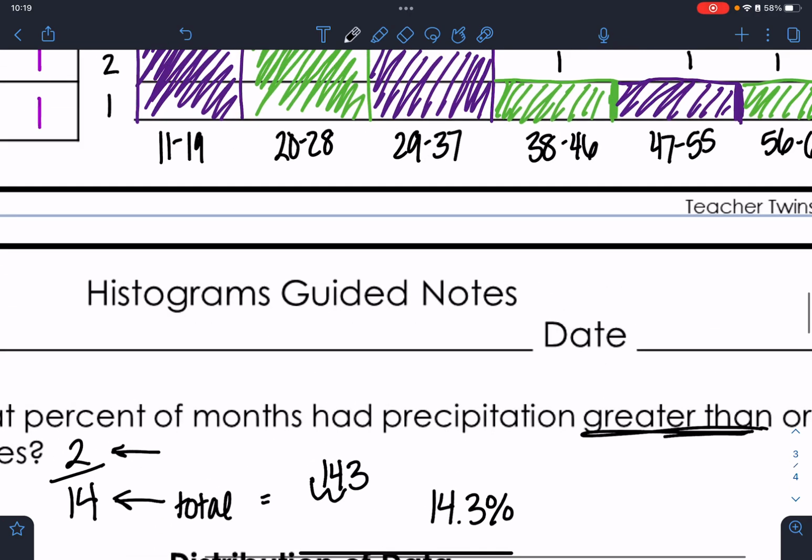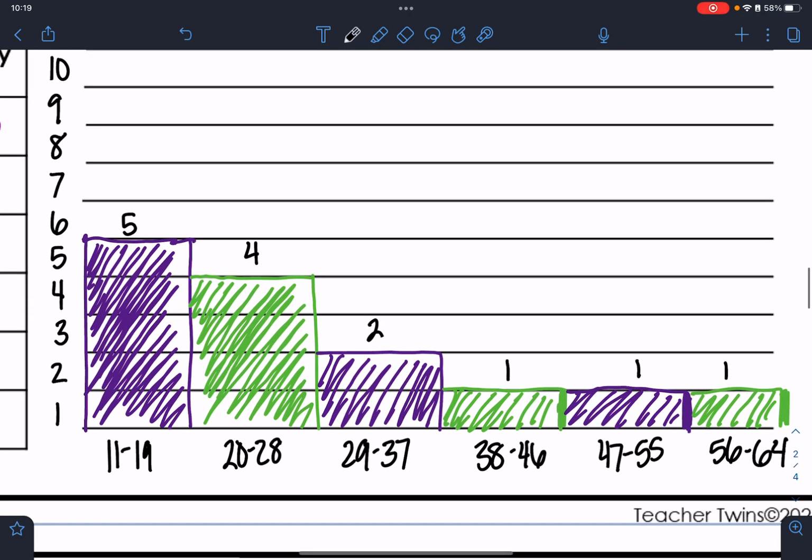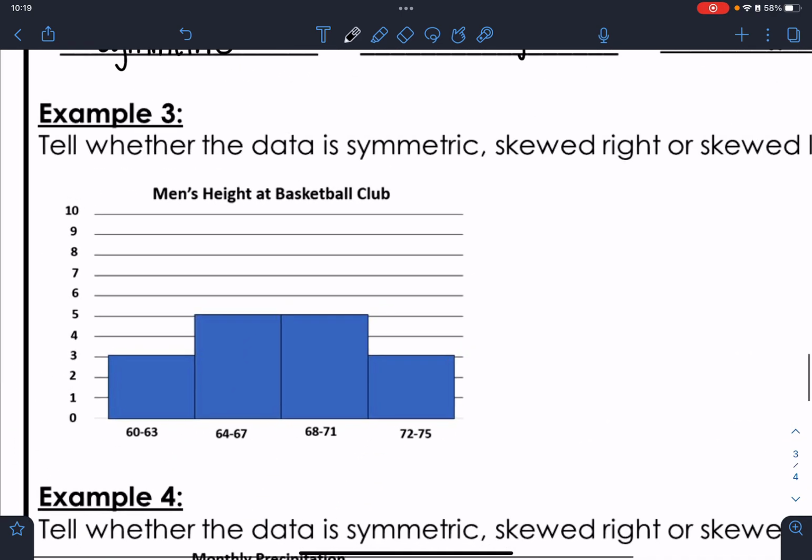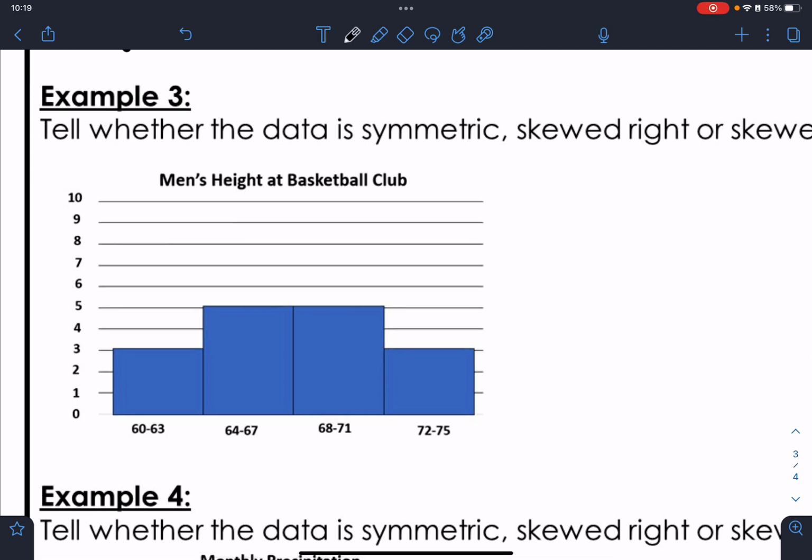So if we look back at what we did, this one would be skewed right. We have lower on the right-hand side and a lot of data here on the left-hand side. Okay? So for these last 2 examples for today, we just want to tell whether it is symmetric, skewed right, or skewed left, so we're just looking at that distribution. That was the one that we just did, right? That was symmetric.